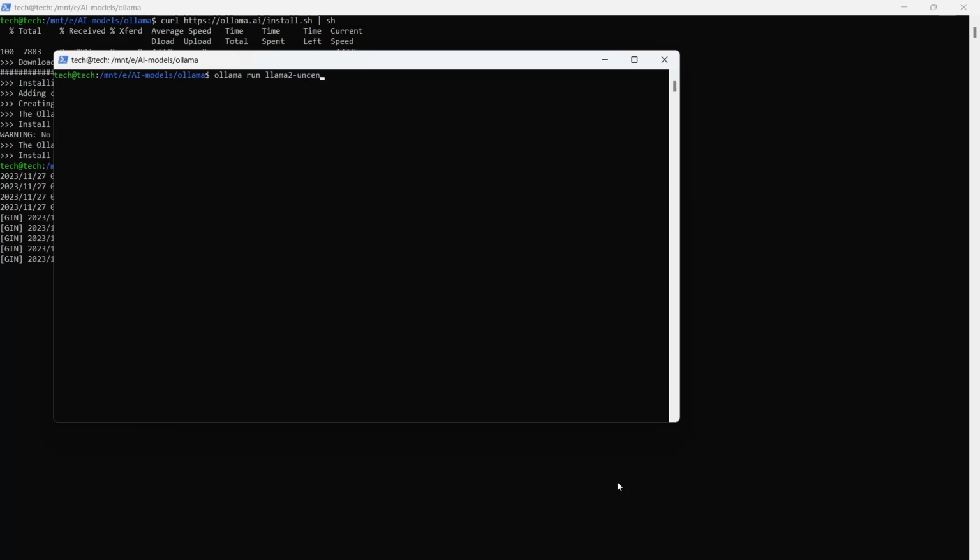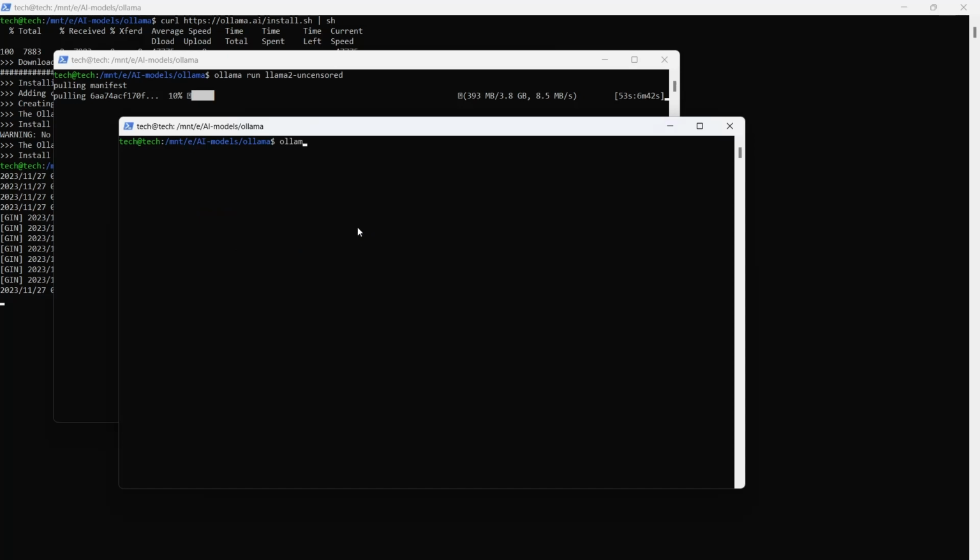Ollama run llama2-uncensored, and it's going to be pulling that model. I'm also going to download Mistral. So we're going to get two different models to start with.